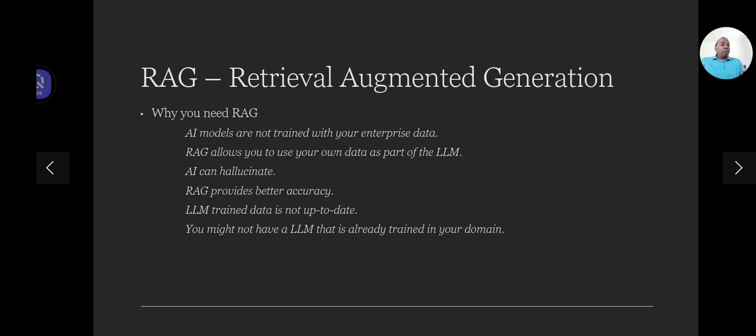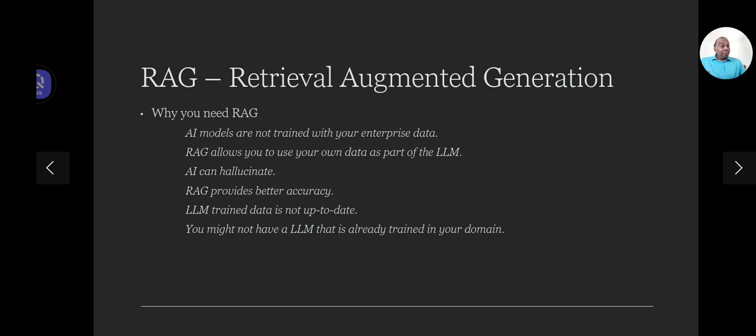They added more dimensions recently, but it's still trained with 2021 data, or any data prior to that that they could find on the internet and the open sources. So the data is not up to date within the learning model. Now, your customer data or anything that's specific to your organization is not exposed to the learning model. So the learning model has no idea about your customers or your enterprise data.